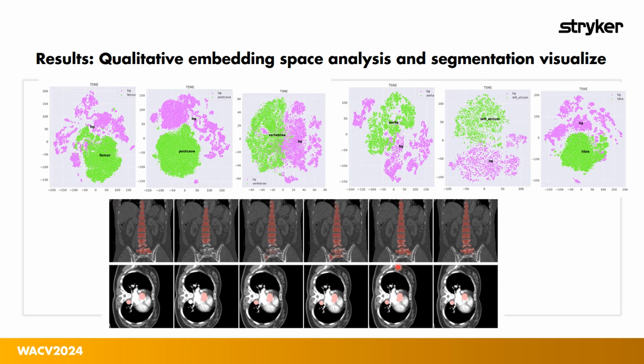The bottom part of this slide shows two cases of qualitative results. The first one is the spine segmentation. The second one is aorta segmentation. The first column is the ground truth. Then the second to fourth columns are our approach with 5, 20, and 50 labeled images. The fifth column is the vanilla SAM with box prompts, and the last column is the UNet result.